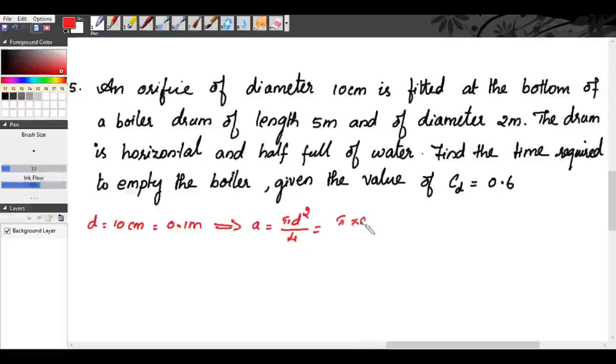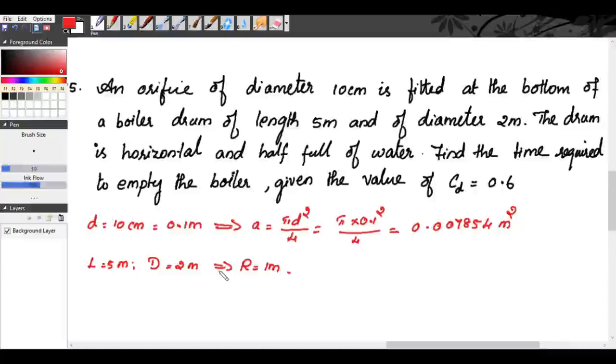So pi into 0.1 square divided by 4, we get 0.007854 meter square. Now, length of the drum is given as 5 meter and the diameter of the drum is given as 2 meter, from which we get radius of the drum is equal to 1 meter.